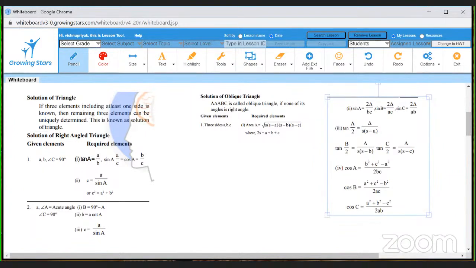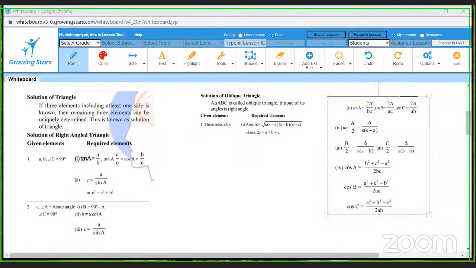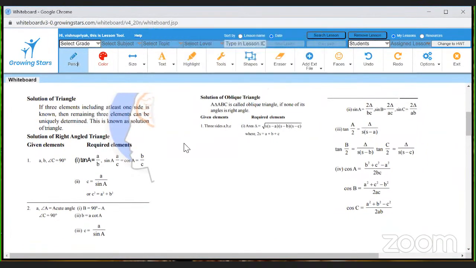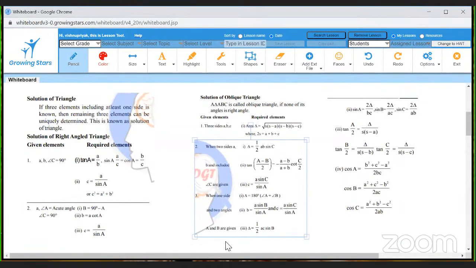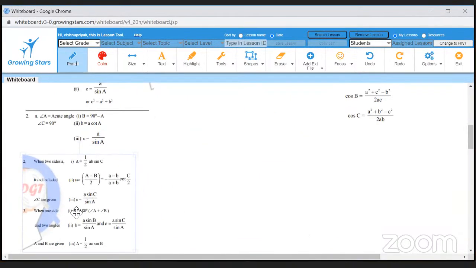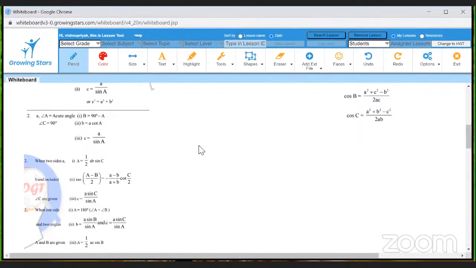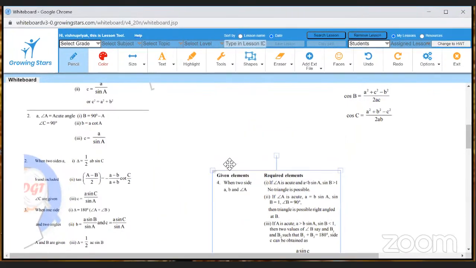These are the formulas. Here some more. And finally, these.